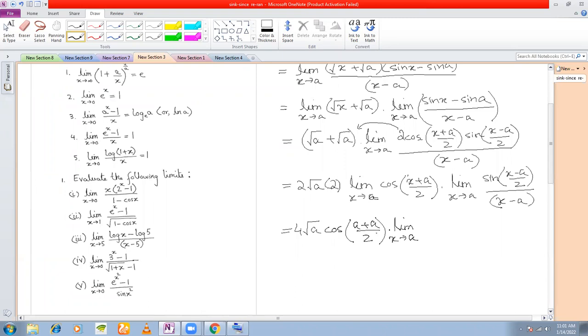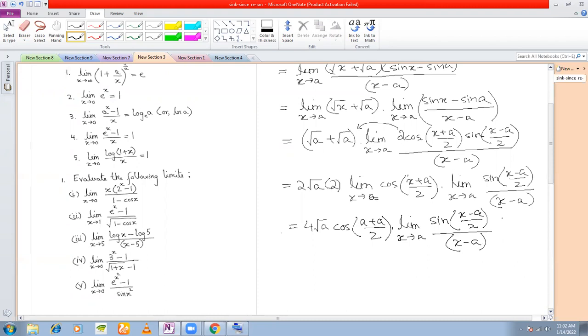In this limit, let me write this as it is here: 4 root a cos (a plus a by 2) into limit x tends to a sin (x minus a) by 2 divided by x minus a.